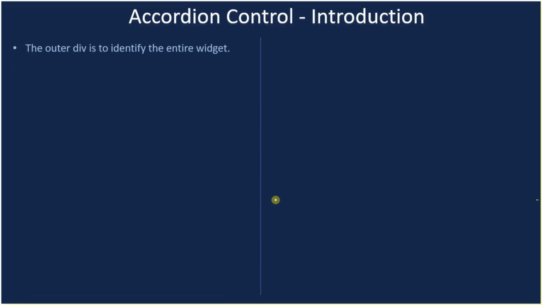The outer div is to identify the entire widget. We marked it as ACCEX. So here we are talking about how we are forming the HTML that will feed jQueryUI the information needed to display the accordion control.